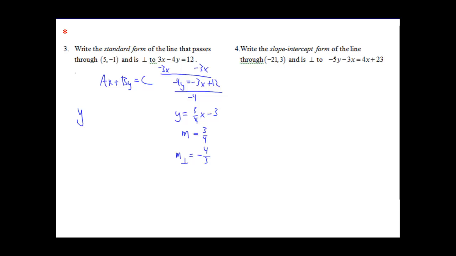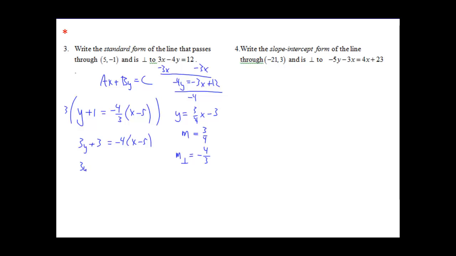Y, opposite of a negative 1 is positive 1, so y plus 1 equals our negative 4/3, and then x minus 5. Okay, let's multiply out by the 3. We're going to multiply this whole thing by 3. We get 3y plus 3 equals, the 3's cancel on the right-hand side, so we get negative 4 times x minus 5.